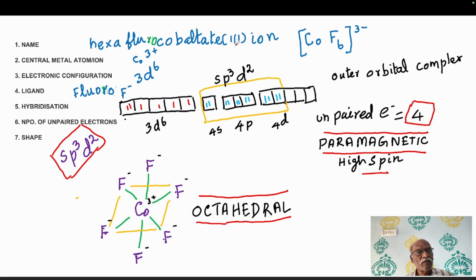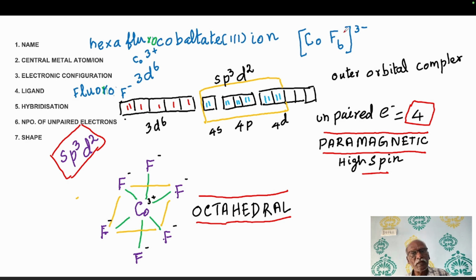Hexafluorocobaltate 3 ion. The central metal is Co. The ligands are F minus. Each F minus ion gives 1 pair of electrons to the central Co. The charge of F is 1 minus. 6 F means 6 minus.